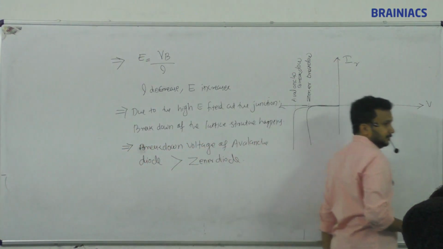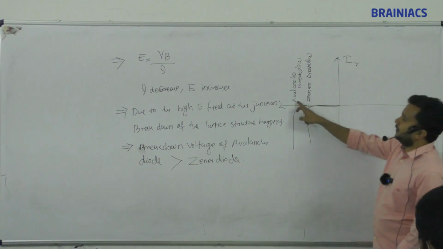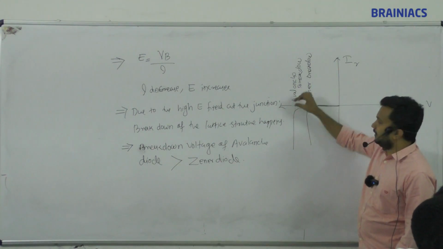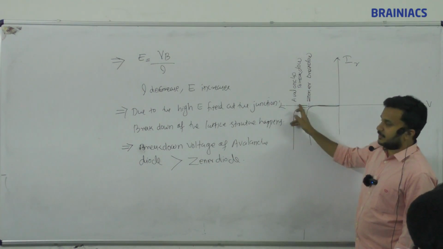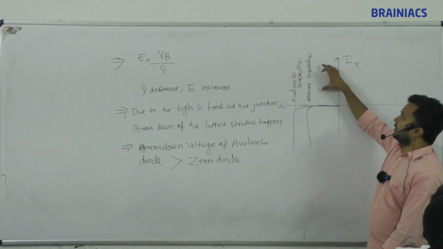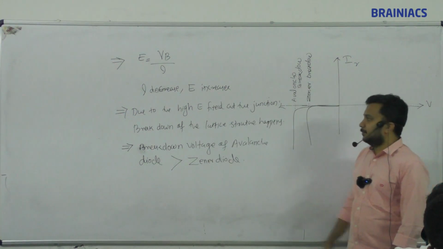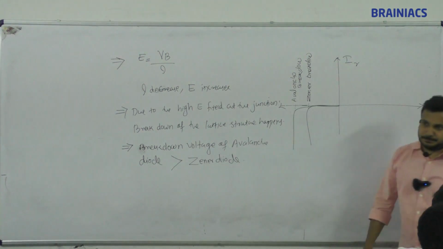In the graph, the avalanche breakdown happens at this voltage and this is the Zener, so beyond Zener comes avalanche. So the breakdown voltage of the avalanche diode is greater than that of the Zener diode.